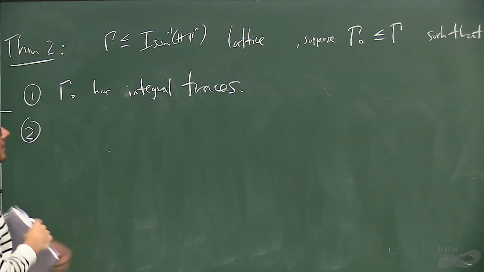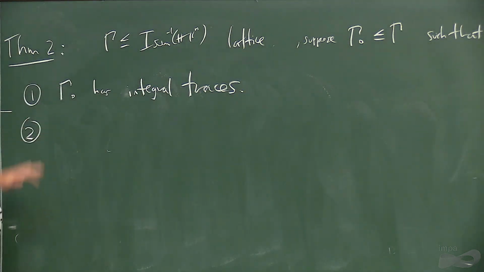You would like to conclude that gamma itself has integral traces just from this smaller subgroup.